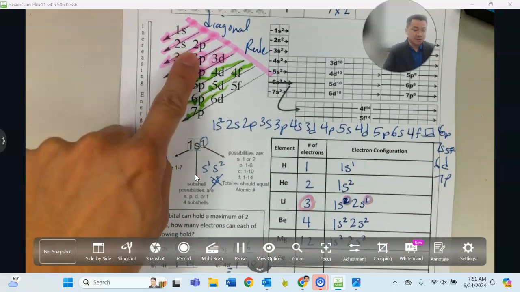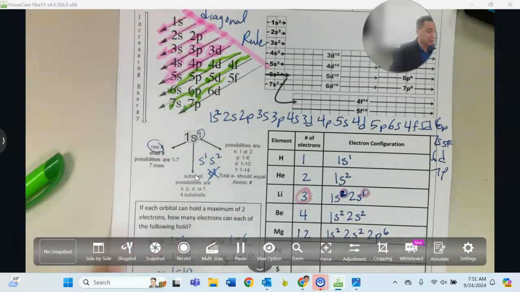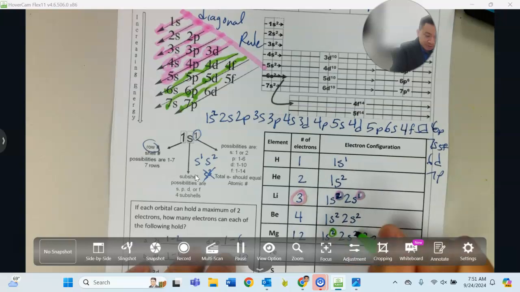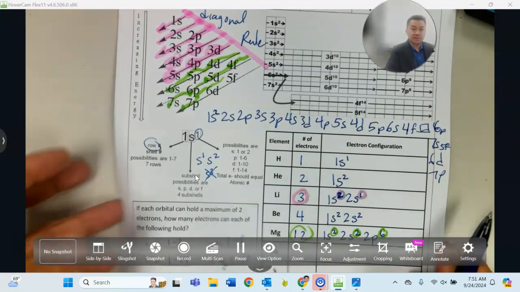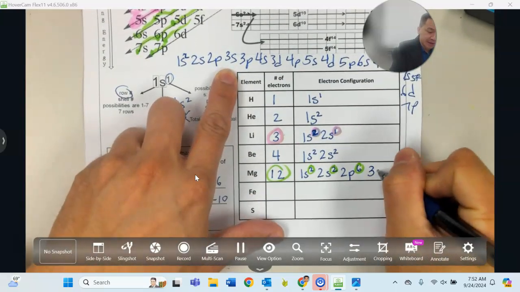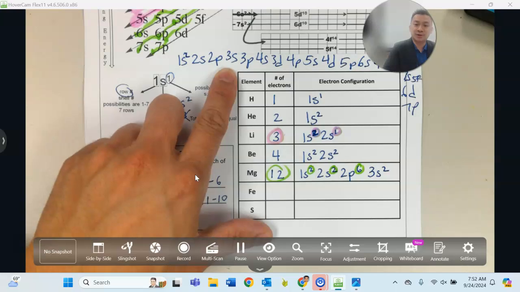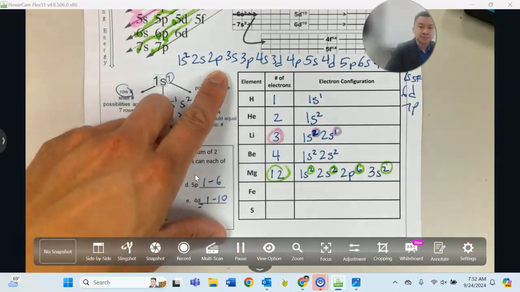So after 2s is 2p. P can hold 6. Notice that's 2, 2, 6, that's 10. We need 12, so we need 2 more. What's after 2p? 3s2 is your last 2 electrons. There goes 12 electrons.